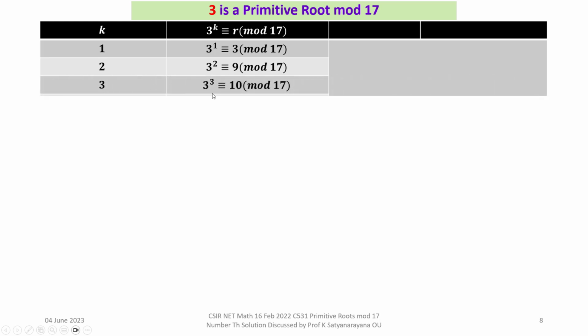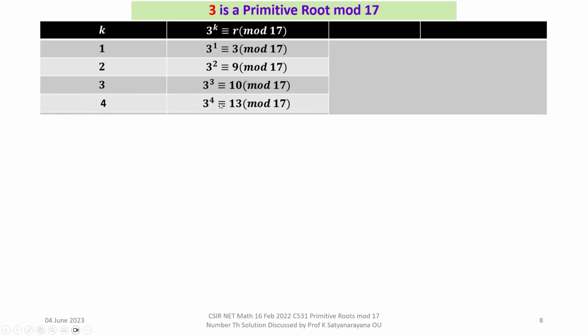K is 3, 3 cubed. 3 nines are 27. 27 modulo 17 is 10. 3 power 4. 3 tens are 30. 30 minus 17, 13. So congruent to 13 mod 17.